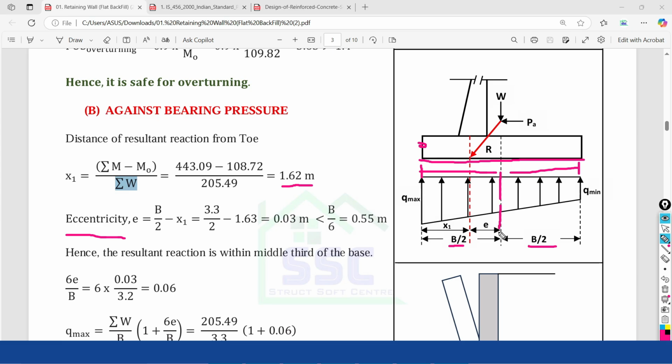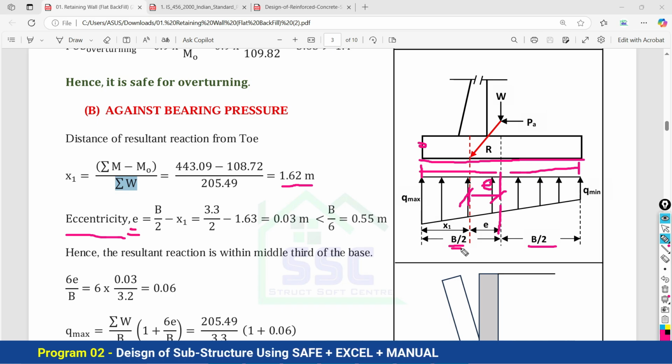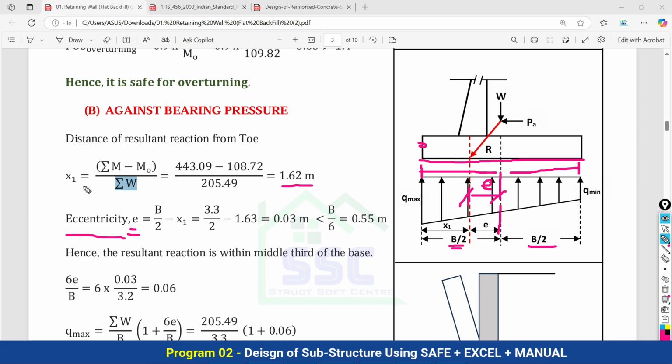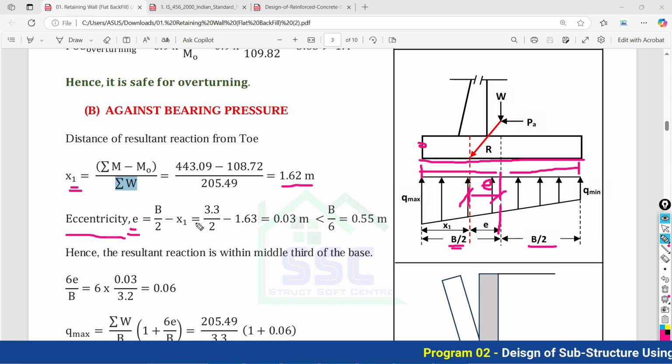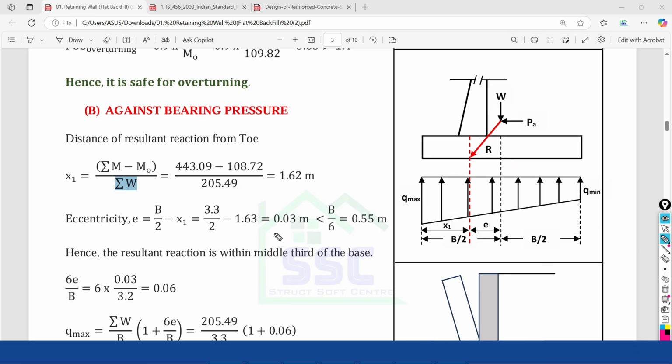Now the distance between this center of the base and your resultant is nothing but your eccentricity. That is very simple. Eccentricity will equal half of the base width minus x1, the point of the resultant force. After doing this calculation, we come to know the eccentricity value is 0.03 meter.